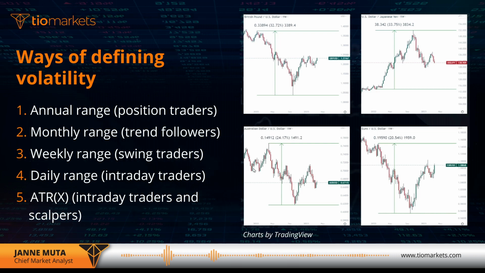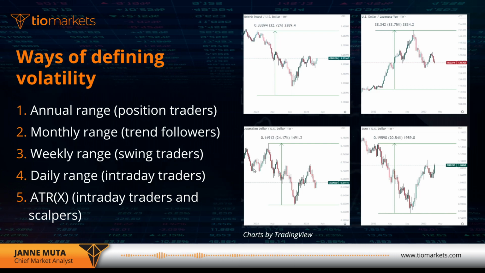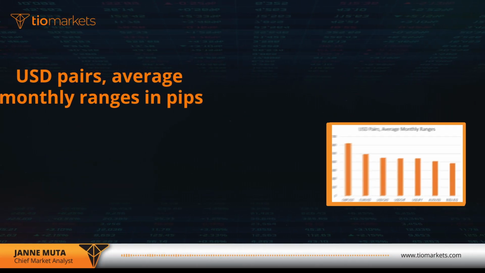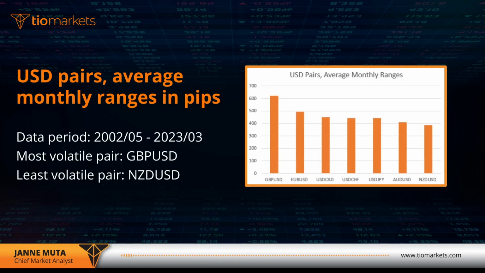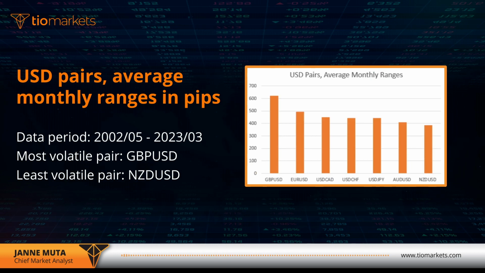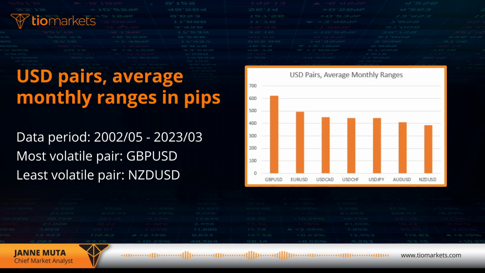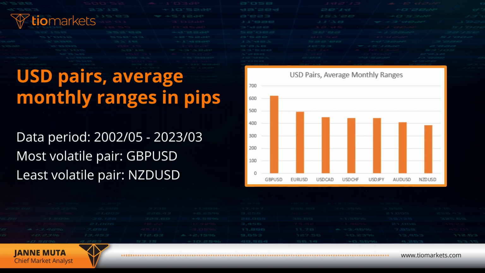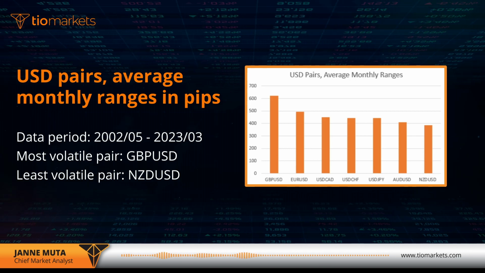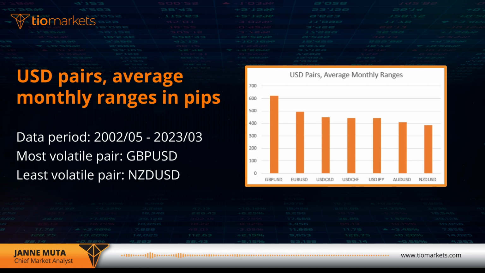So if we move from the yearly ranges to monthly ranges, we can study a longer time period with lots of observations. So here I have the data from May 2002 to March 2023.